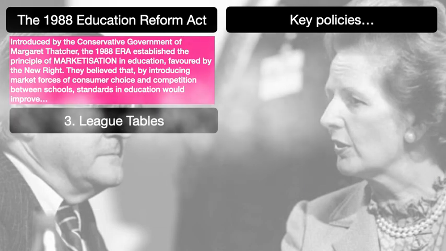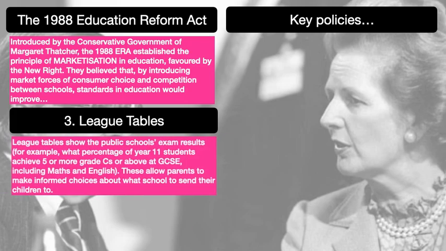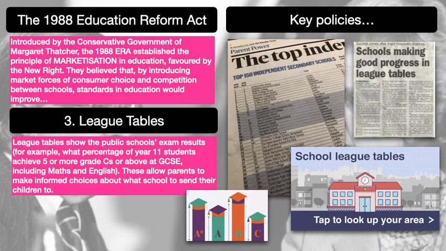And this led to league tables. League tables showed the public schools' exam results. For example, what percentage of Year 11 students achieve 5 or more Cs or above at GCSE, including maths and English. These allow parents to make that informed choice about what school to send their children to, and of course increases that competition between schools.